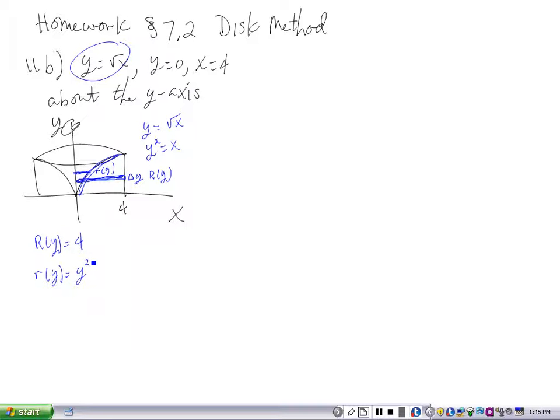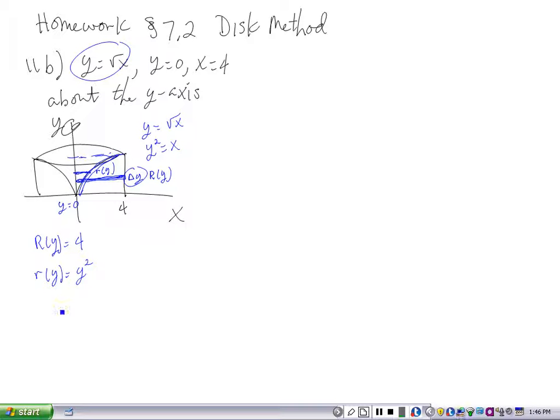So now we simply solve. Notice that based on the thickness, that's how I get my limits of integration. So I'm going from y equal to 0 up to this point, but this point corresponds to when x is equal to 4.